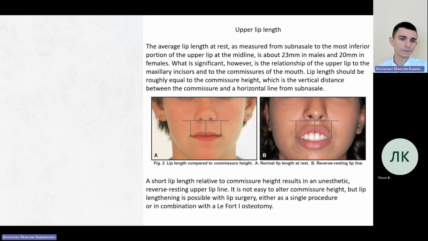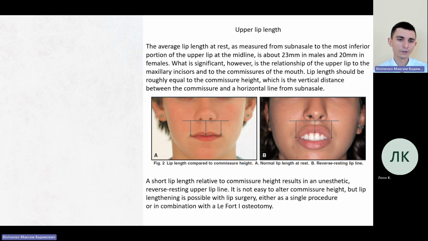Upper lip length. The average lip length at rest, as measured from subnasal to the most inferior portion of the upper lip at the midline, is about 23 millimeters in males and 20 millimeters in females. What is significant, however, is the relationship of the upper lip to the maxillary incisors and the commissures of the mouth.